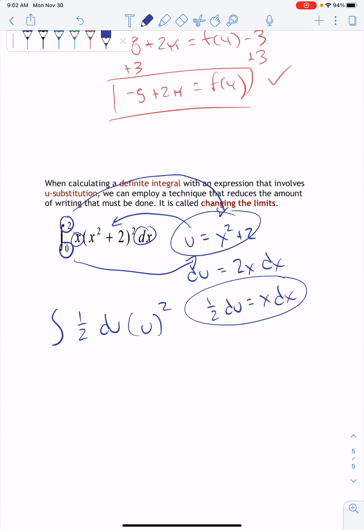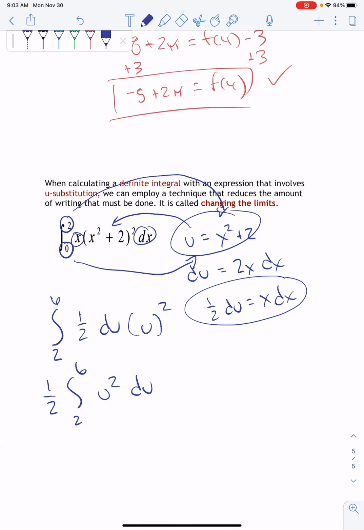So if I plug in a 0 to my u function, u equals 0 squared plus 2, which is just 2. And if I plug in a 2, u equals 2 squared, that's 4 plus 2, that becomes 6. So my new integral is 1/2, 2 to 6, I just moved that 1/2 in front, u squared du.